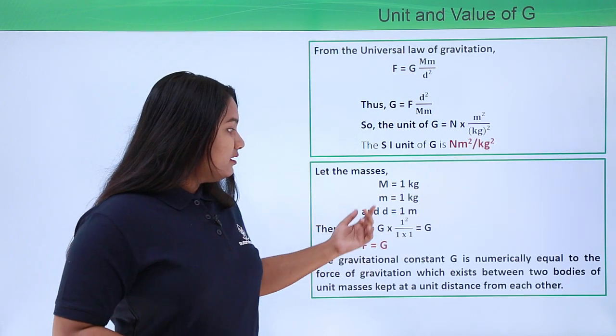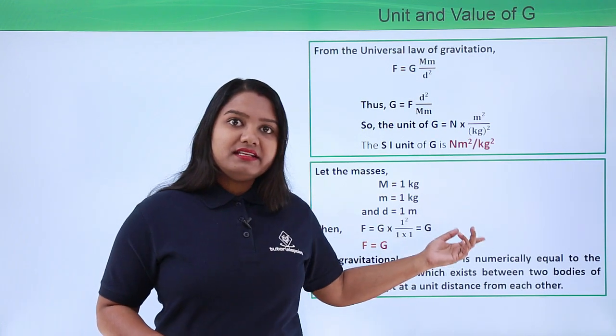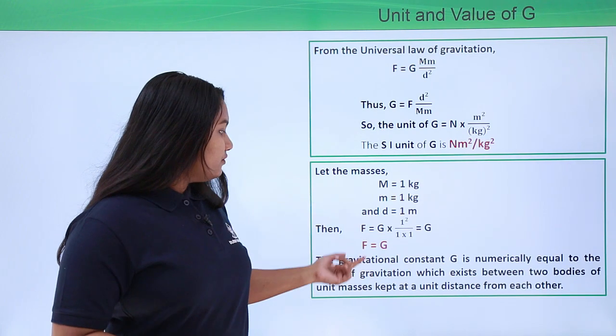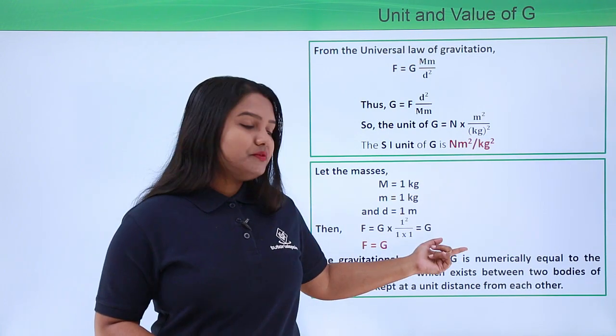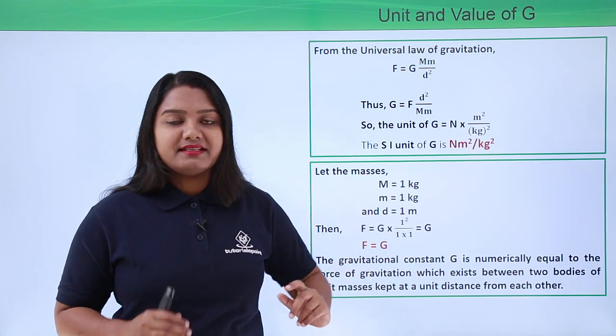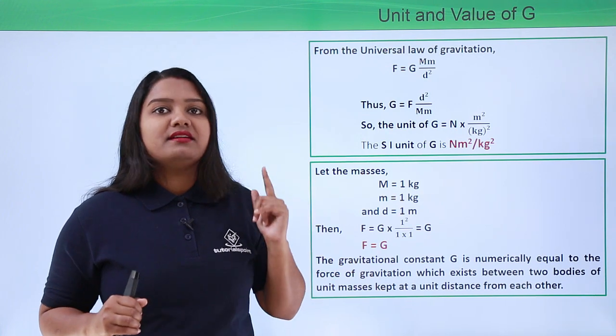So the gravitational constant G is numerically equal to the force of gravitation which exists between two bodies of unit masses separated by a unit distance.